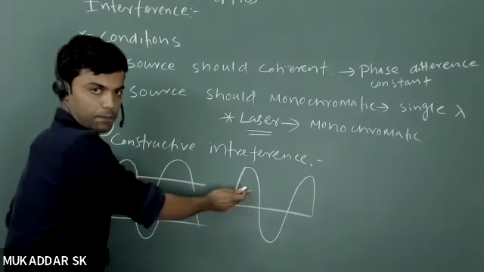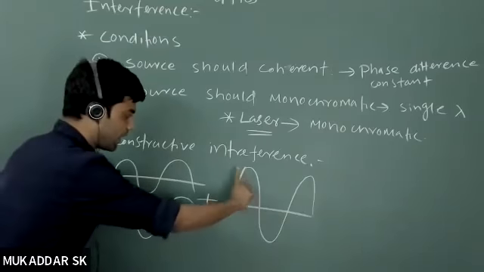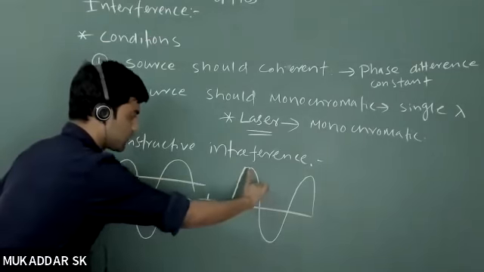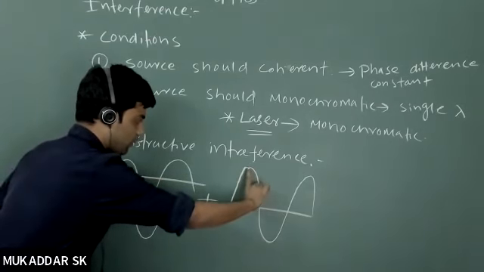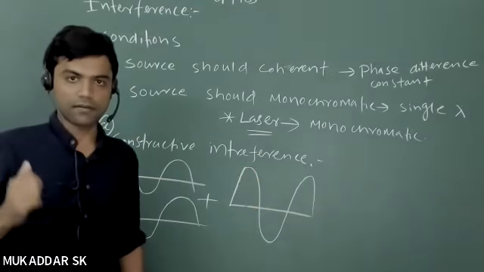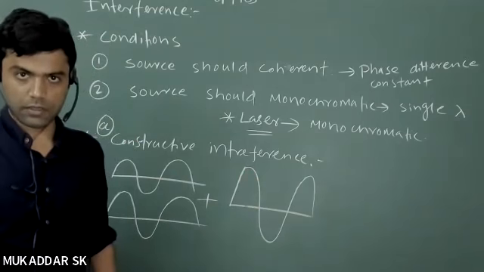Did you get what I'm saying? When they superimpose, the resultant wave will have a higher amplitude. You can see the individual amplitude is less. When they superimpose, you get a resultant wave with a higher amplitude. Higher amplitude means high intensity, because you know intensity is proportional to amplitude squared, right?